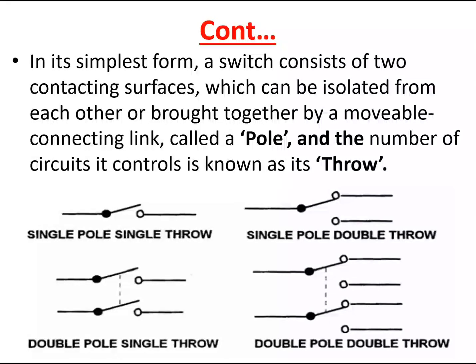So we have a single pole single throw, single pole double throw, double pole single throw and double pole double throw. And as you can see from the screen, those are how they look in terms of a circuit.